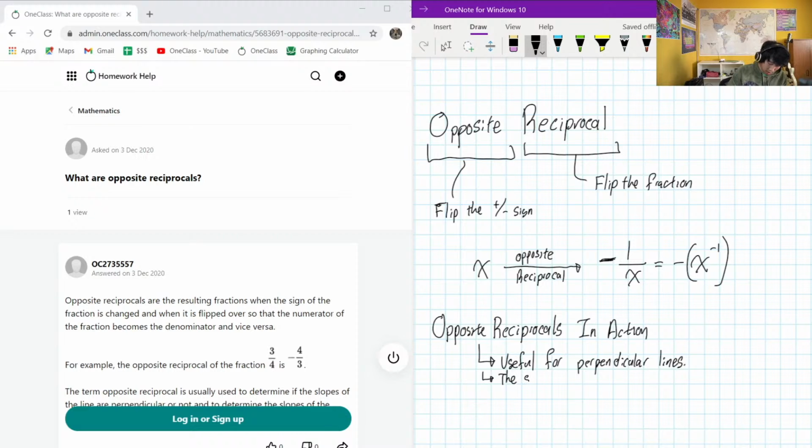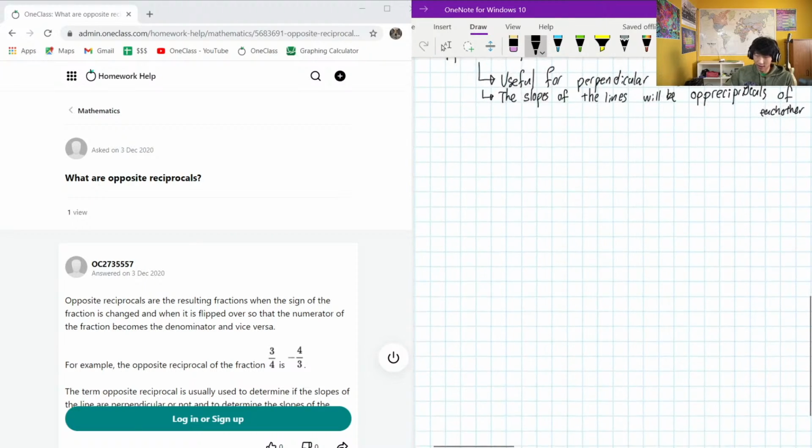The slope of the lines will be opposite reciprocals of each other. Okay, so this is maybe the main reason why we even pay attention to opposite reciprocals in the first place, for perpendicular lines. So let's show an example of that in action.